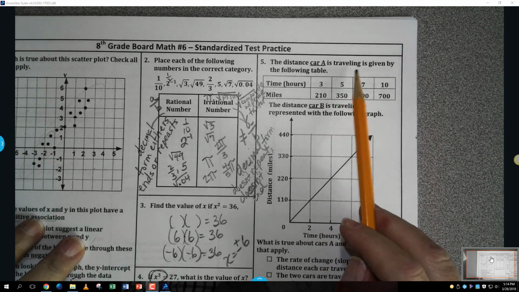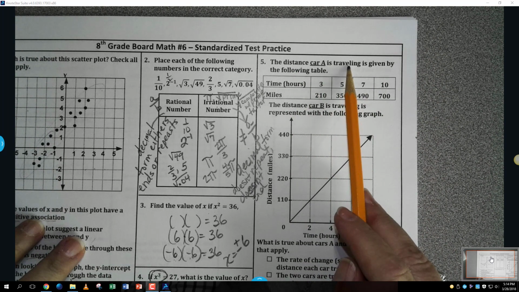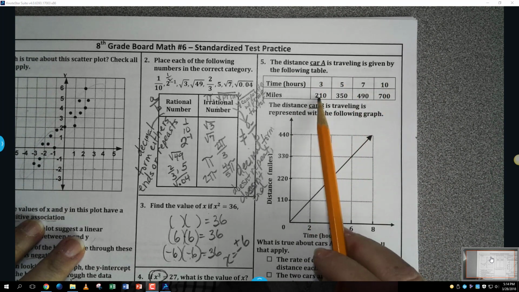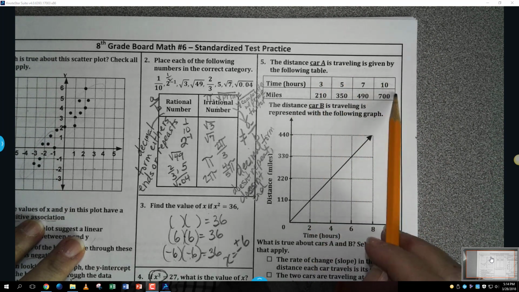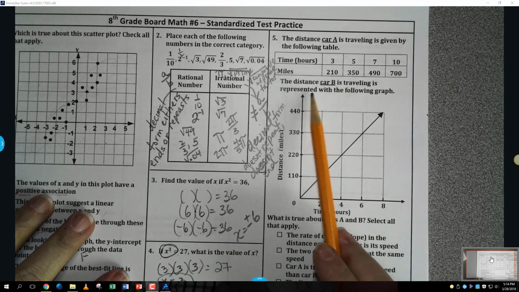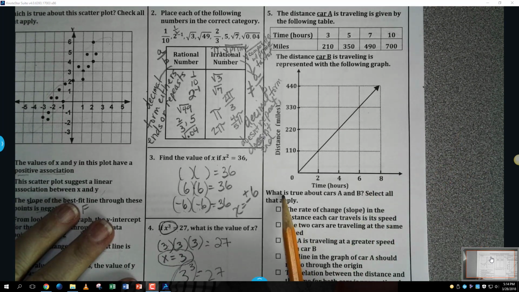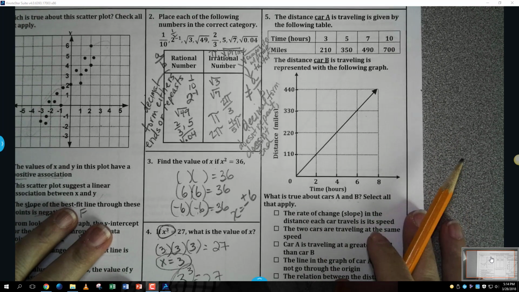The distance car A is traveling is given by the following table. The distance car B is traveling is represented with the graph. Choose what is true about cars A and B. Select all that apply. Okay?